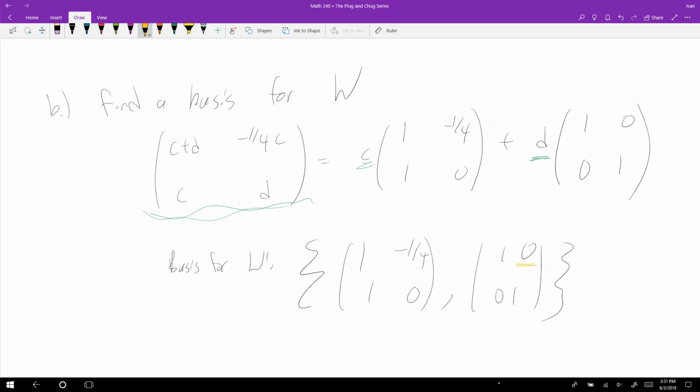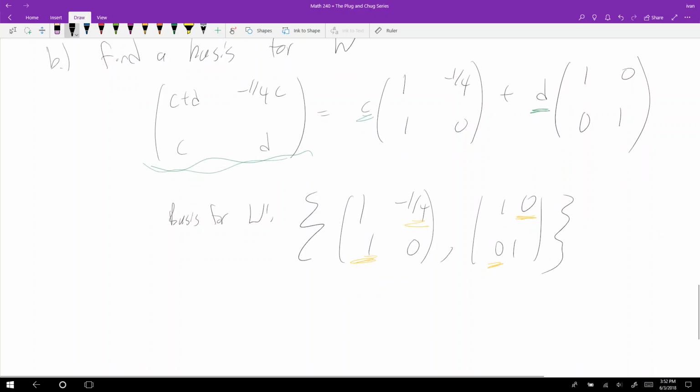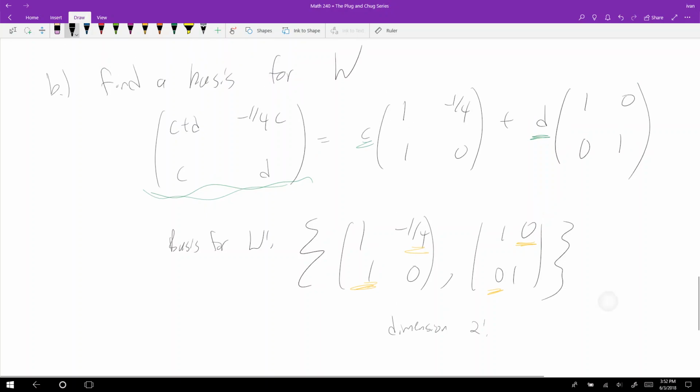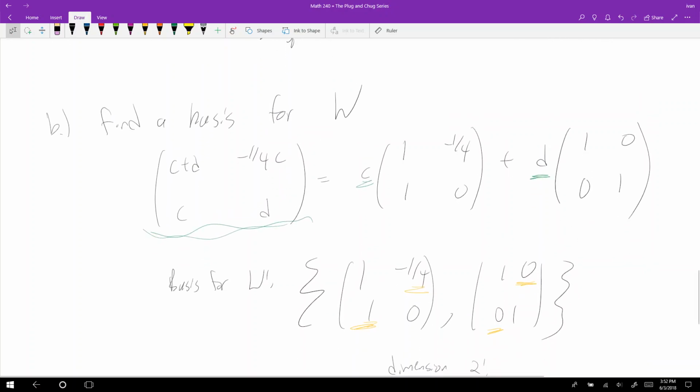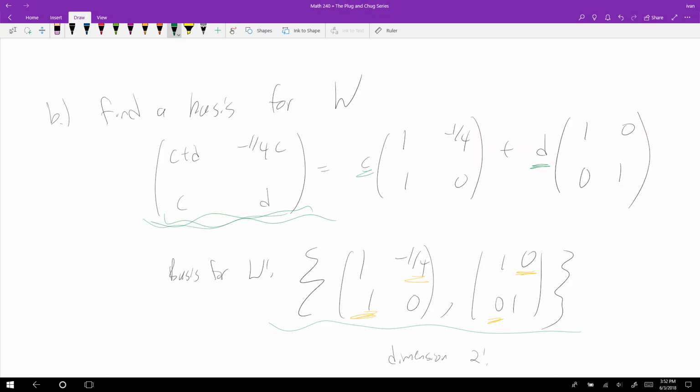These guys are not 0, so you can't make one of the matrices into the other just by a linear combination. So these are linearly independent, and the dimension of the subspace is 2. The green here is what a matrix in the subspace looks like. This right here is the basis for W, and the dimension of W is 2.